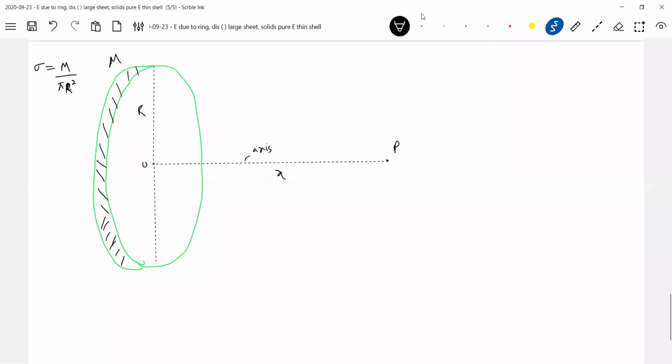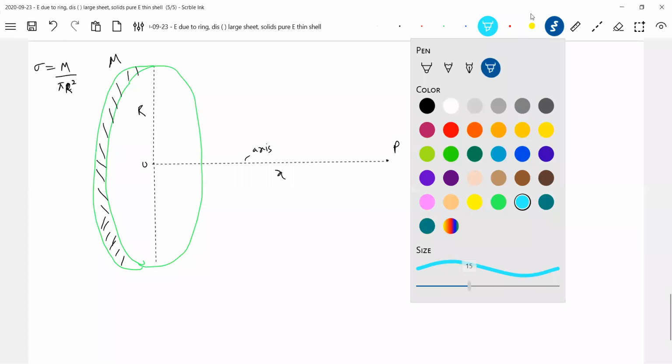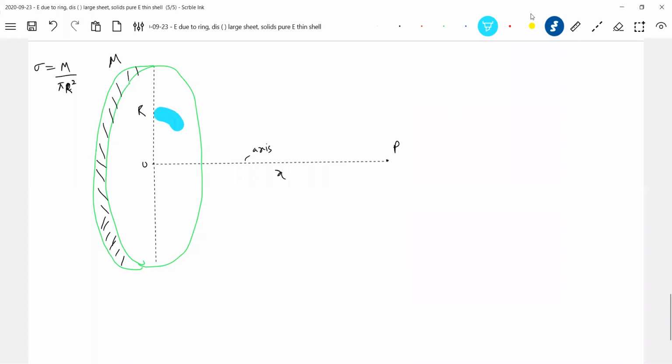Due to an elemental ring, first we'll find the field strength on the axis at point P. Then we'll integrate to get the field due to the total disk. Okay, let this be the elemental ring.